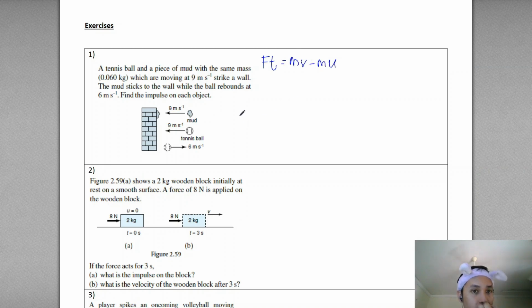The ball moving at 9 meters per second strikes a wall, and the mud sticks to the wall while the tennis ball rebounds. Let's say the first one we calculate is for the mud. Find the impulse, meaning they want you to find this.